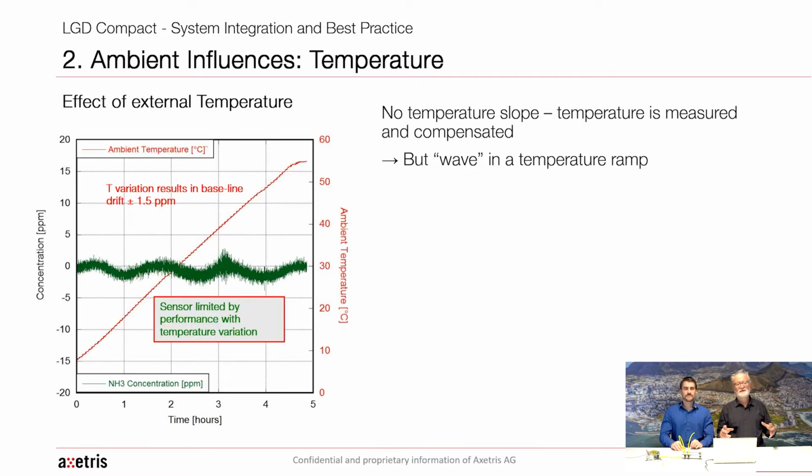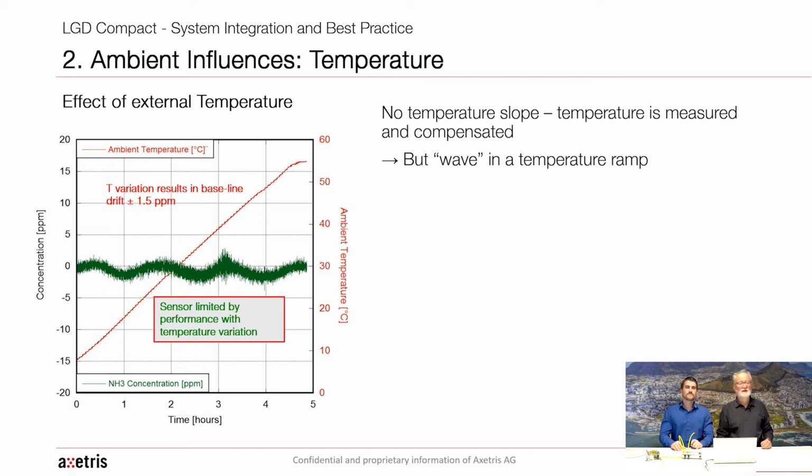Okay, to test such effects, a temperature ramp is a good idea, because when you change the temperature slowly, the delay of these reflected waves is increased, and so the interference with the main wave leads to a wave pattern, and you can see this in the output signal of the instrument. So this is now a measurement with an LGD.